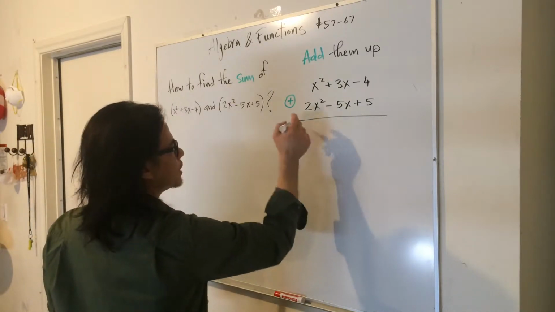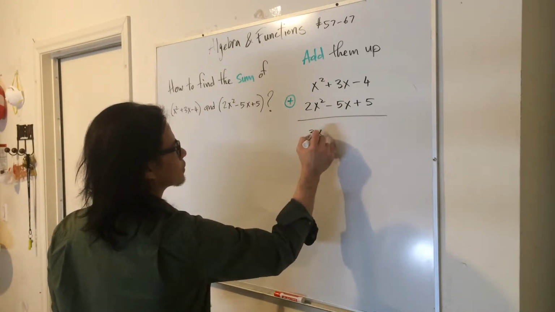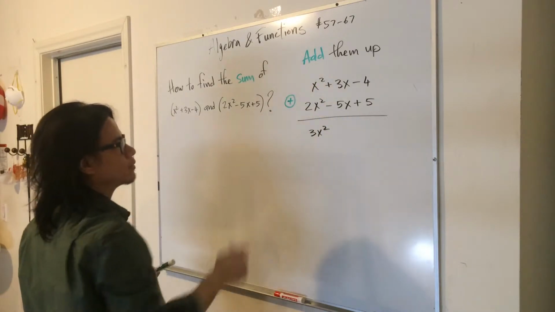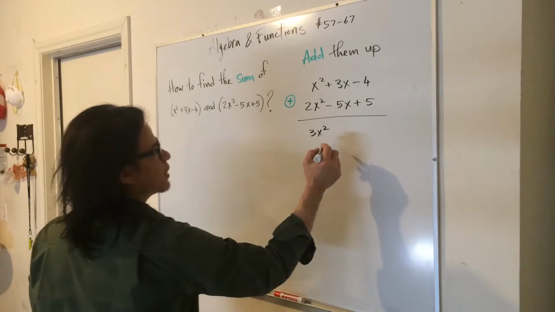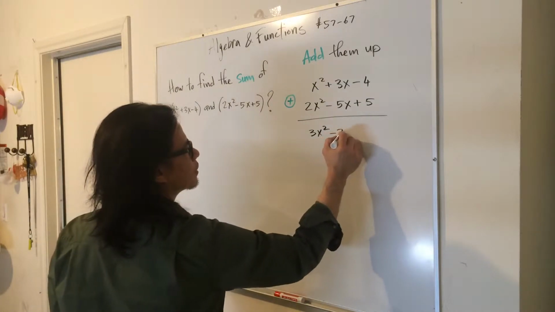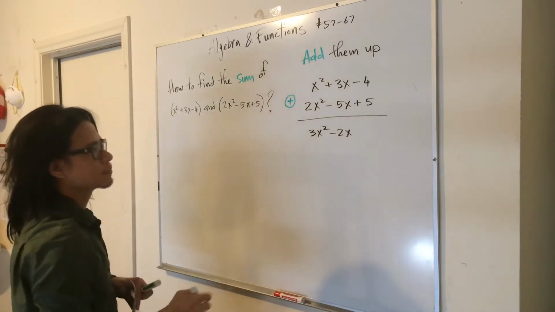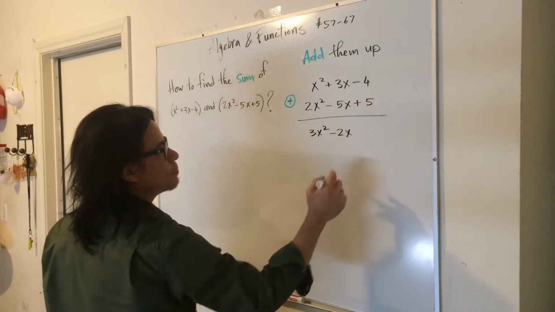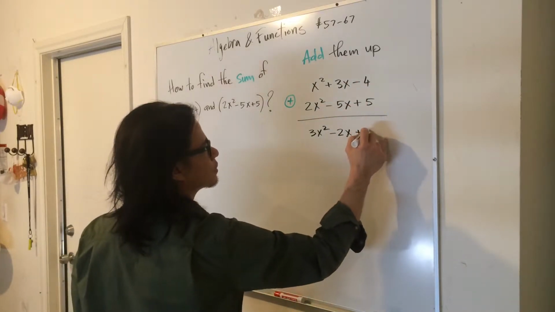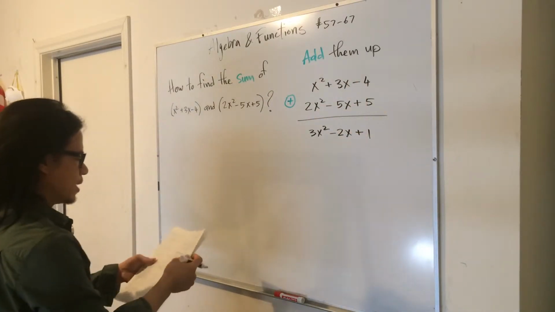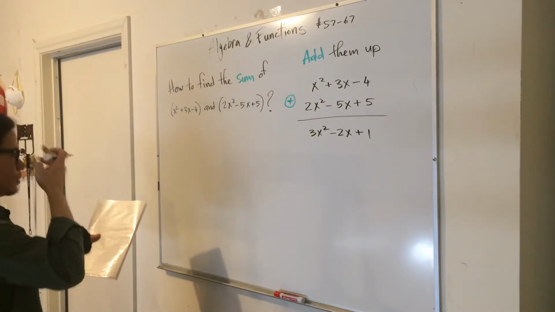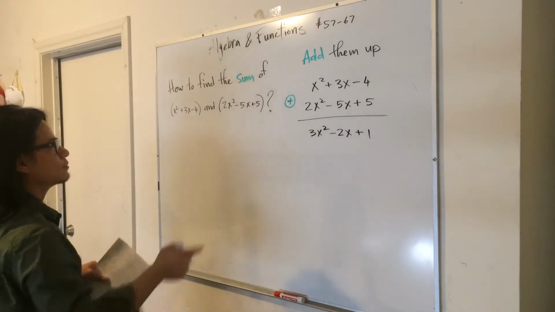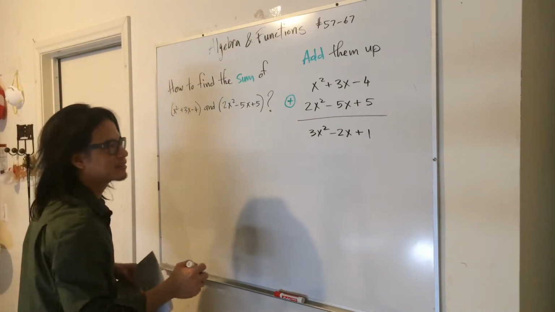You get 3x squared. You assume there's a 1 out front. Okay, 3x minus 5x. You get negative 2x. Negative 4 plus 5 is positive 1. And there it is. Okay? Don't make it hard.